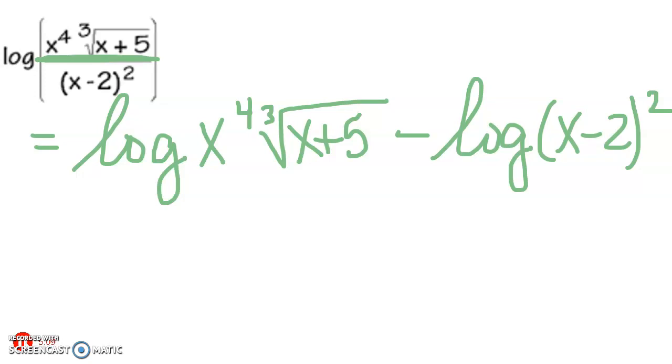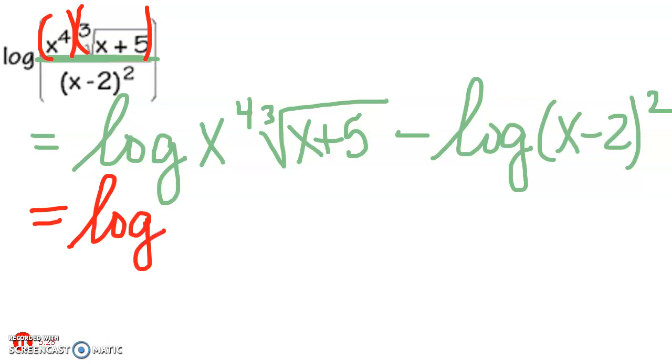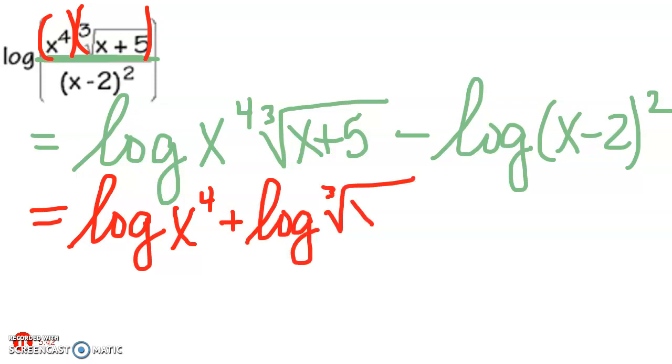Okay? Then let's deal with the multiplication. And of course you don't have to do it in this order. But let's deal with the multiplication next, because these two things are being multiplied together, right? Which means that is now log x to the 4th plus log cube root x plus 5.